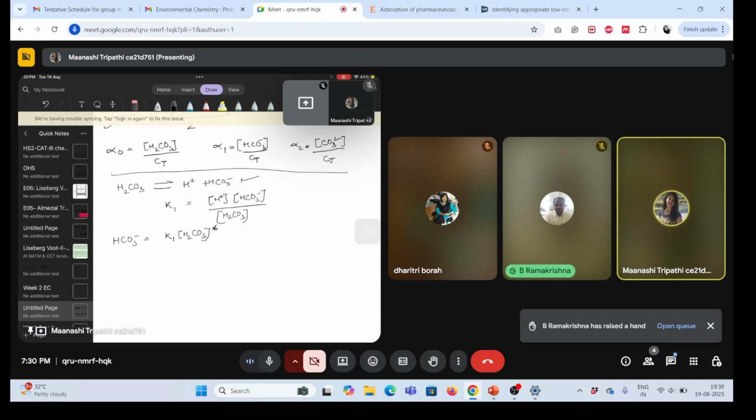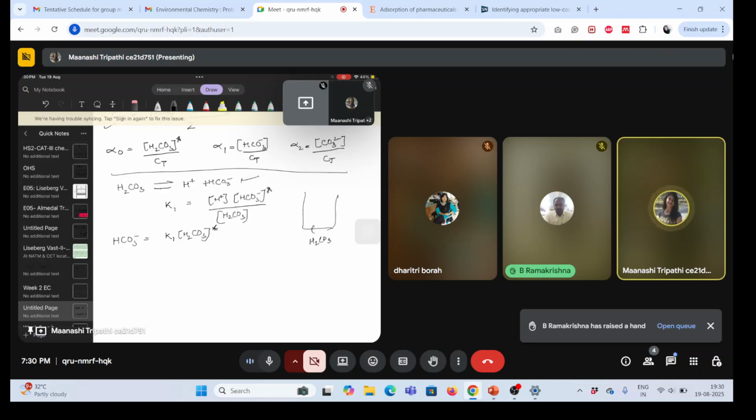Now, we are putting a star here. So what is the star? Here also there will be a star. See, if we have a solution, we are putting H2CO3 in here. So here there is no star for now. It will start dissociating into H plus and other compounds.